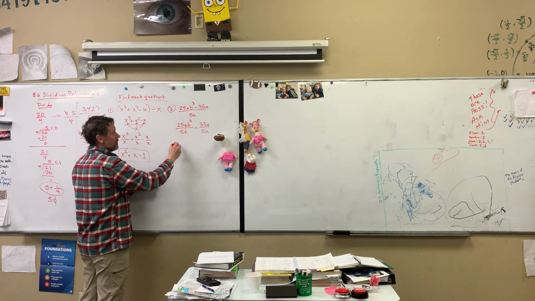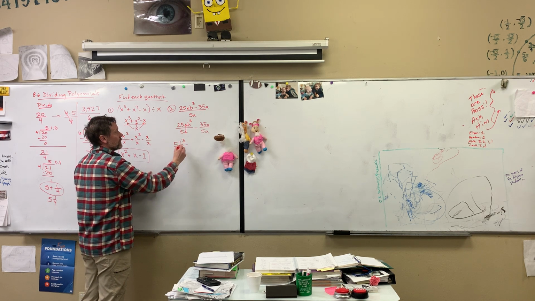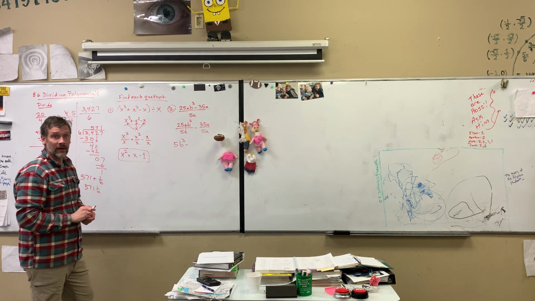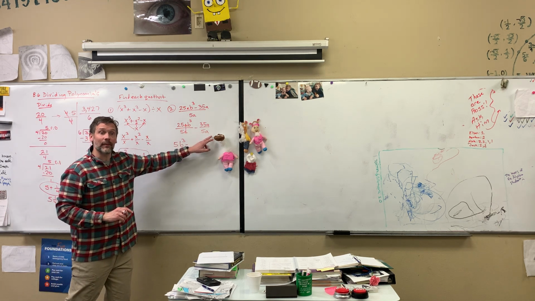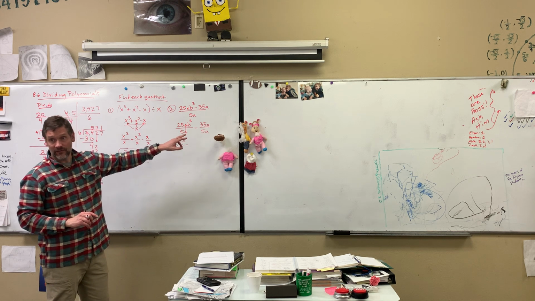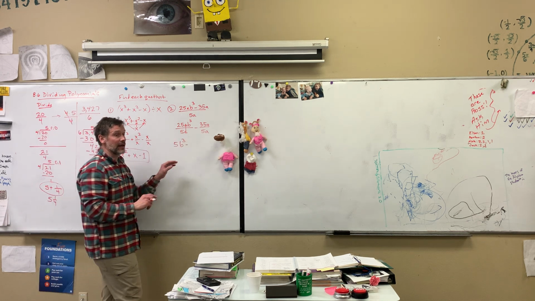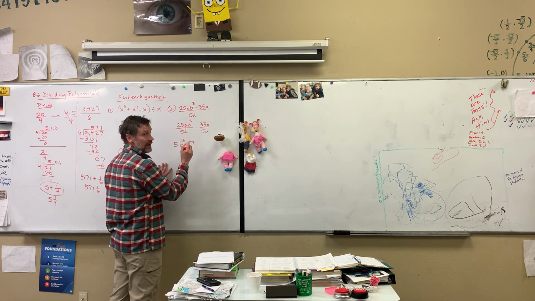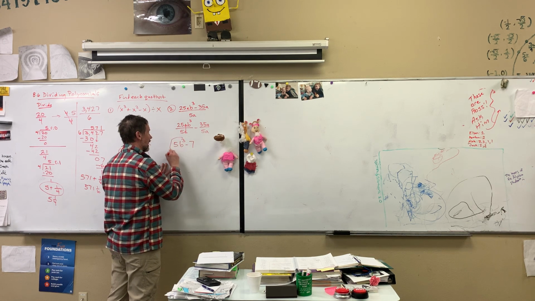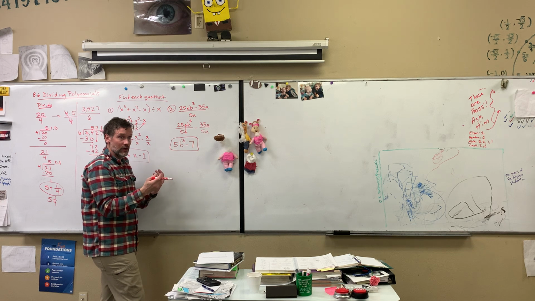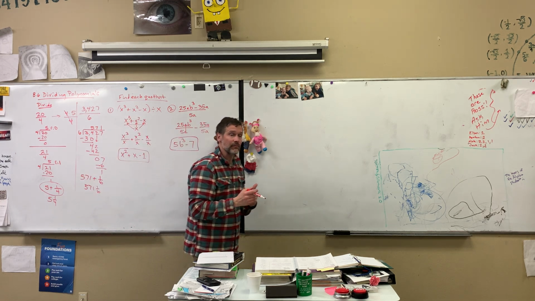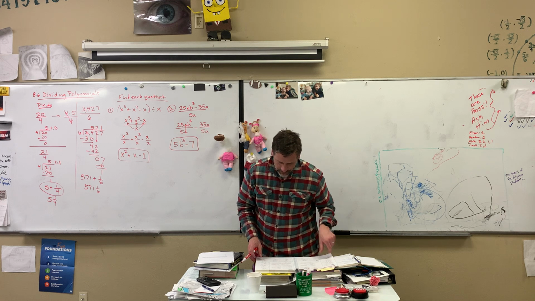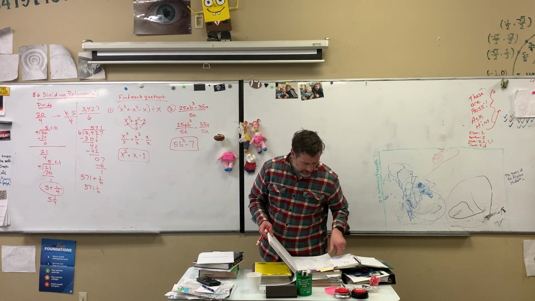And what are we left with? B cubed, because b does not cancel with anything. And then on the right side, 35 divided by 5 is 7, and A divided by A is 1. And so you just have negative 7. That's as far as you can go. You can't combine. A lot of people feel like they need to keep going, but you can't, so don't. Okay? So there's that one.